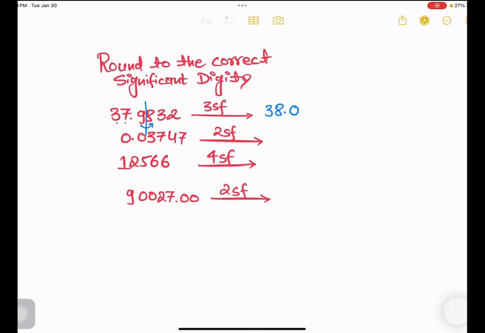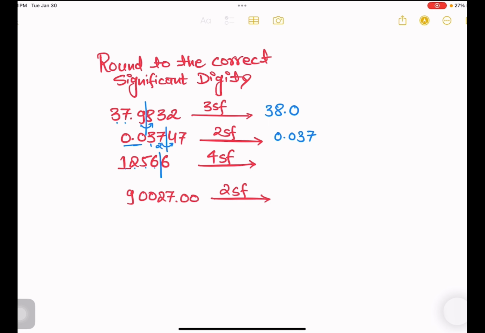So what about this one? I need two significant figures. These zeros, they are not significant. So now 1, 2. Okay, so I can draw a line here, but the next number is 4. So I will leave it as 0.037. Okay, and for this one, I need four significant figures. 1, 2, 3, 4.